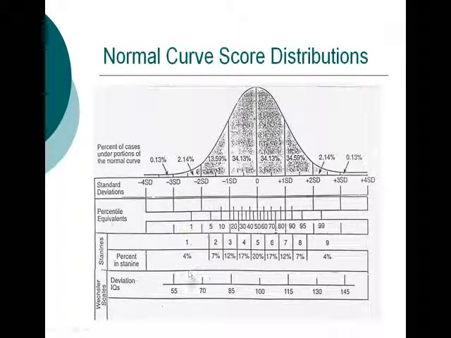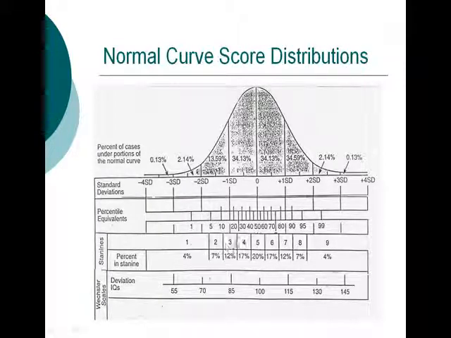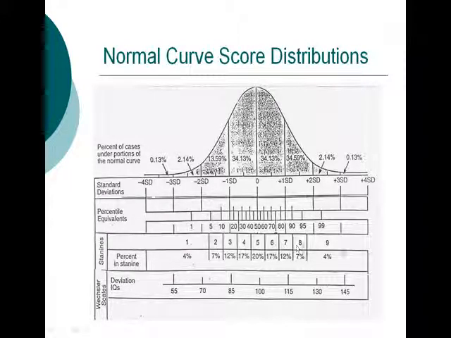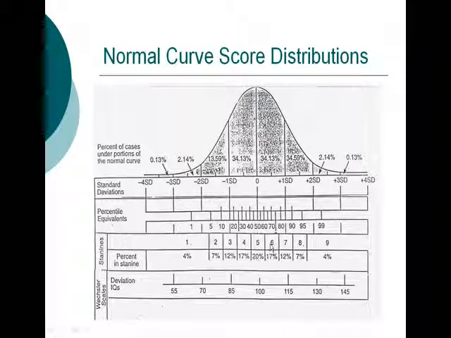If you look down here, you can see the stanines and how they spread out. See how 1, 2, 3 is right there, and then 4, 5, 6 clump in the middle. So you get an idea of where all these scores are when you see them.